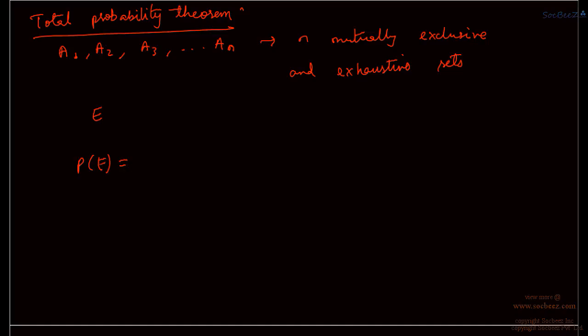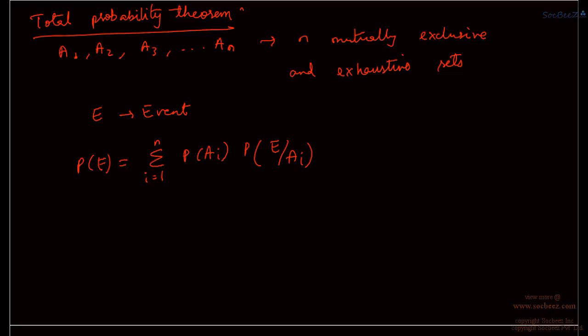So, if I just consider event E, I can always write P of E in this format, right? It has a very simple meaning. Try to understand it this way. The term means P of Ai into P of E given Ai, right?